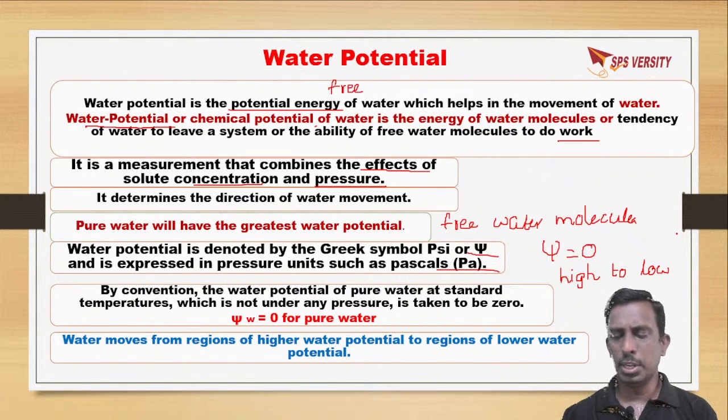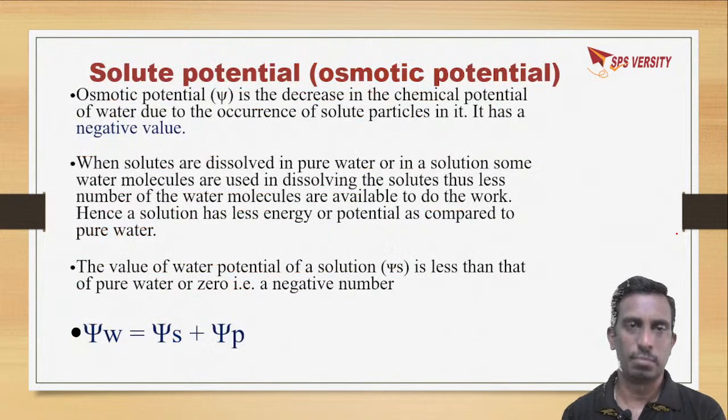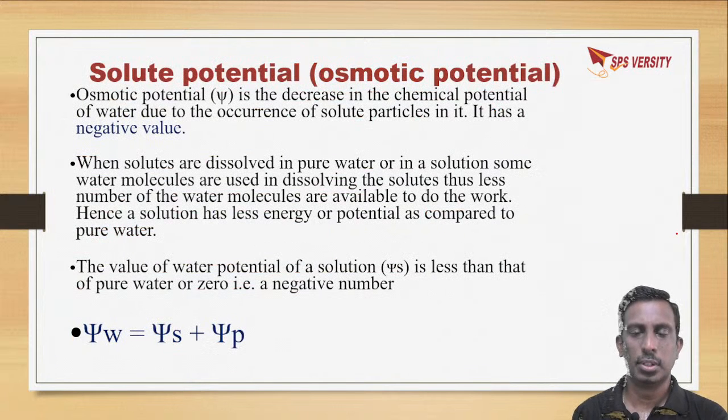So water potential plays an important role in the movement of water. Water always moves from a region of high water potential to a region of low water potential. And this water potential is affected by two factors: one is solute concentration and the other is pressure. We will discuss these factors.